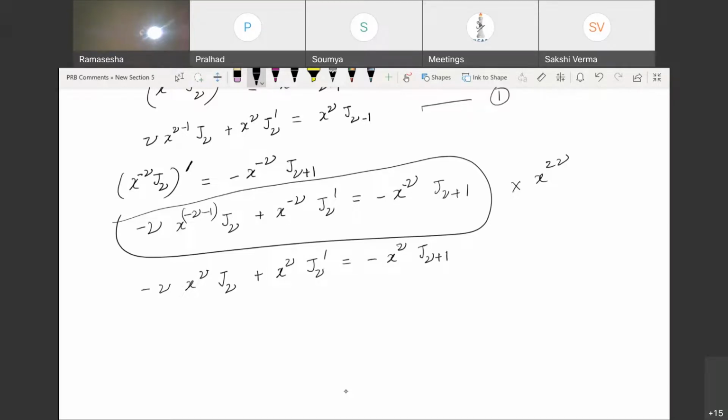So already I have, I just for 2 nu, so that I'll get it number 2. Number nu plus, the next one is J, because of minus x to the power n.